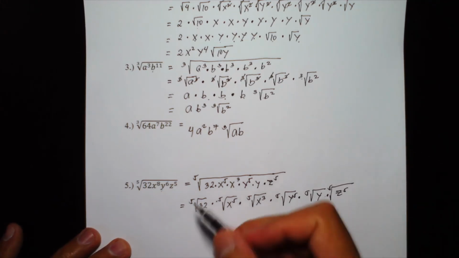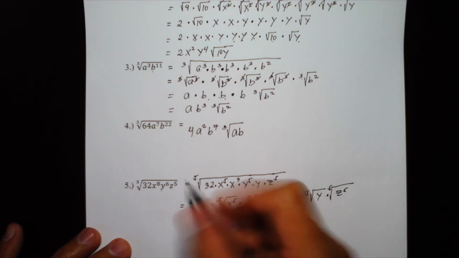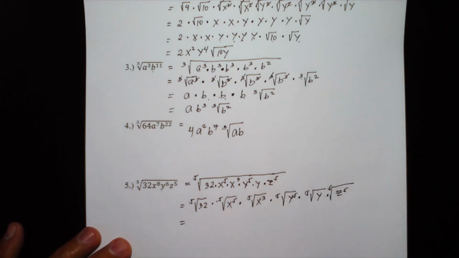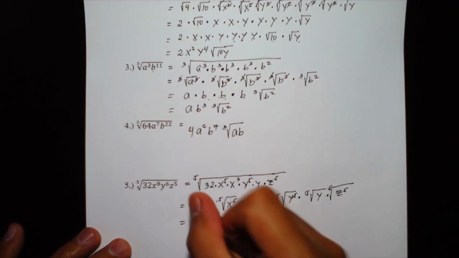So we need to cancel those. The fifth root of 32 is a perfect fifth root. So the fifth root of 32 is 2.